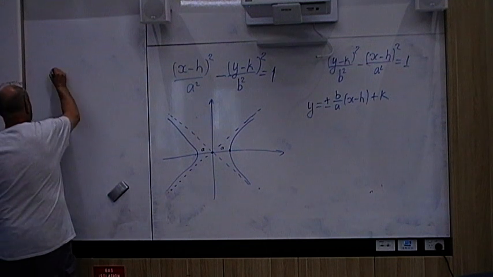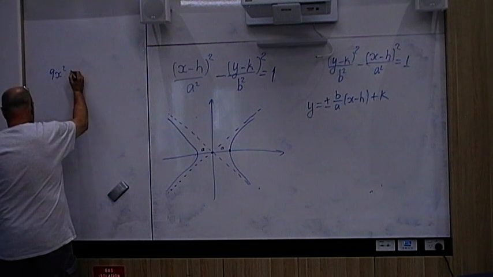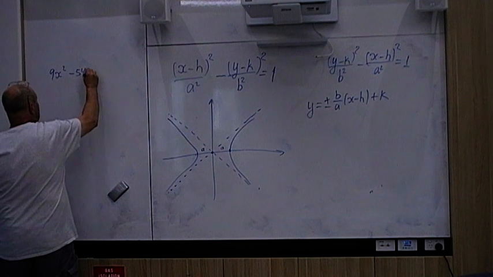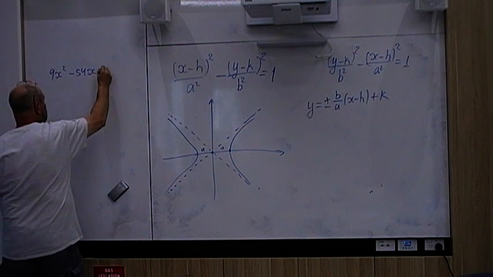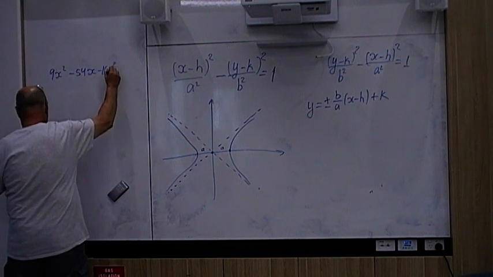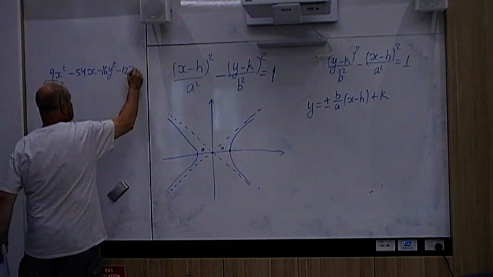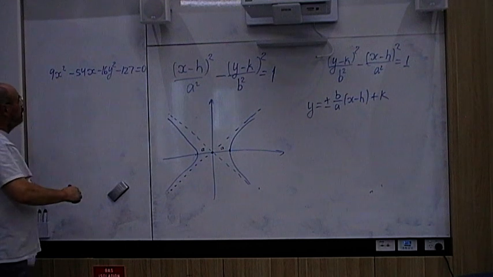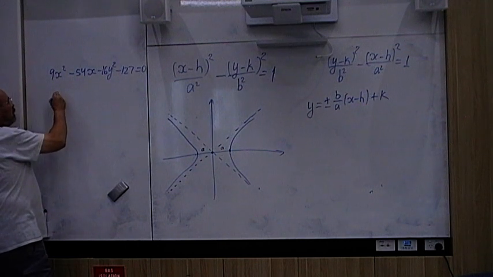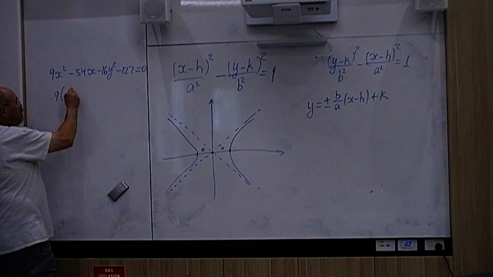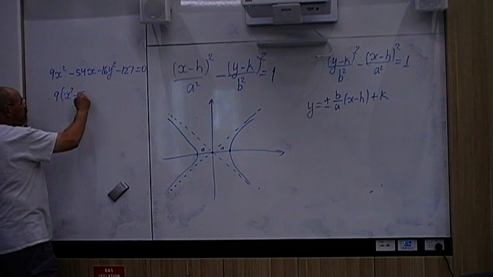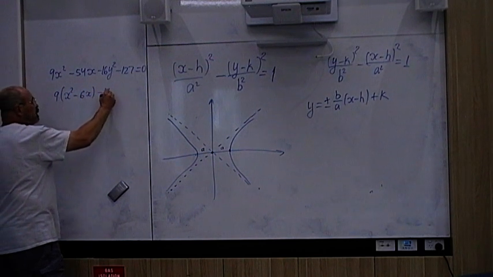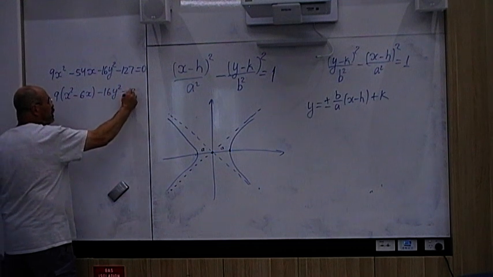Sketch the graph 9x squared minus 54x minus 16y squared minus 127 equals 0. Again, we take the common factor: 9(x squared minus 6x) minus 16y squared minus 127.